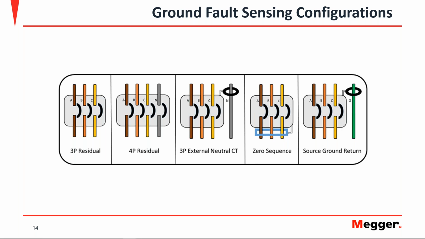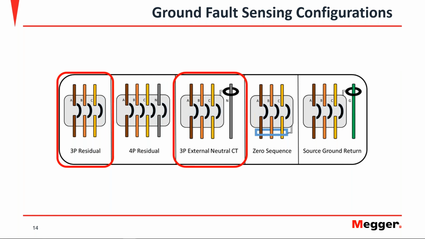As you can see, we have the residual sense configuration, either 3-pole or 4-pole. We also have the option to have an external neutral CT, the zero sequence, and the source ground return. We're going to focus on these two, the 3-pole residual and the 3-pole external neutral CT. Why? Because those are the most common types of configurations that you'll find in the field according to our experience. So that's why we're selecting those two to review the testing method.